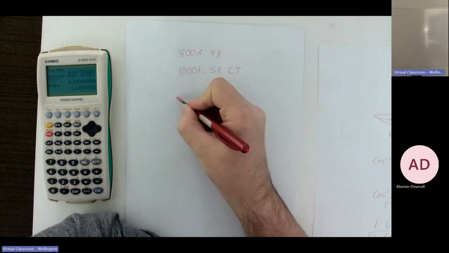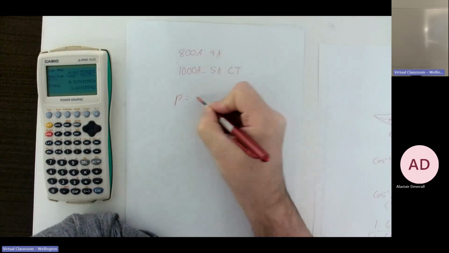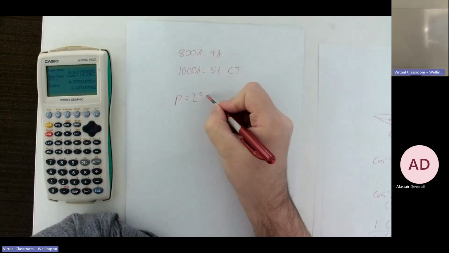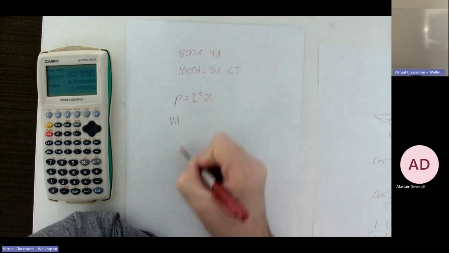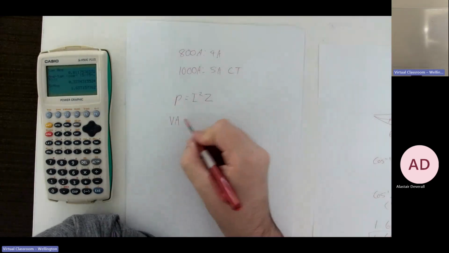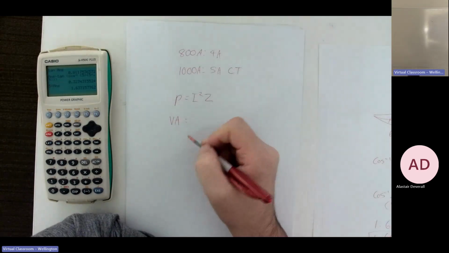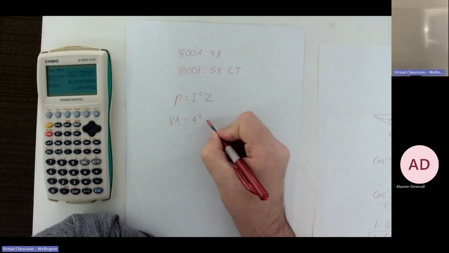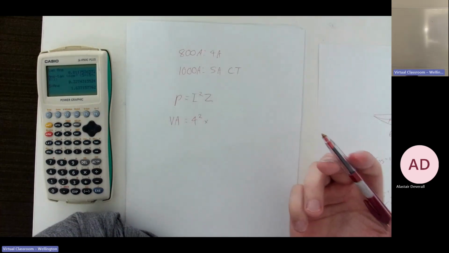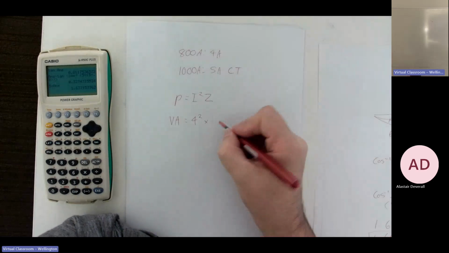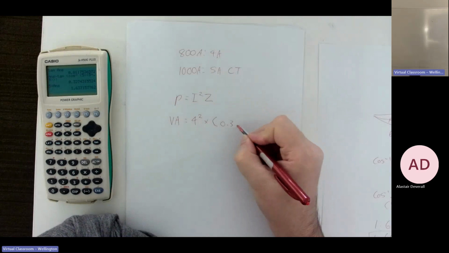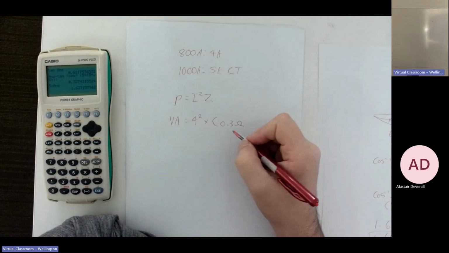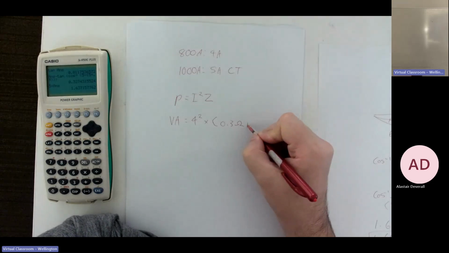So our formula is power equals I squared Z, which is our burden, which we actually measure in VA because it's total impedance that we're working with. So VA equals I squared, which is 4 squared, times the impedance and resistance, which get added together. So we've got 0.3 ohms for the meter and the equipment, and 0.2 ohms.